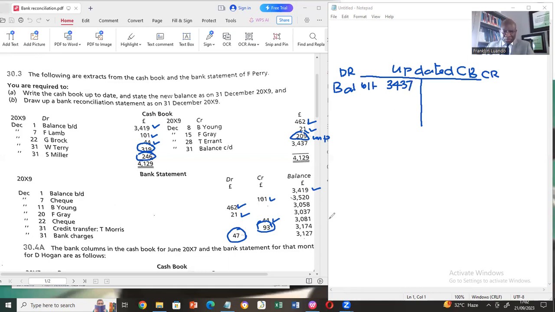Now we go to items on the bank statement, but not in the cash book. We have credit transfer. It's on the credit side on the bank statement. It will be on the debit side in the cash book. So this is credit transfer from Tim Morris. Tim Morris was paying by credit transfer. That is 93. And then we have bank charges, which is on the debit side on the bank statement. It will be on the credit side in the cash book.